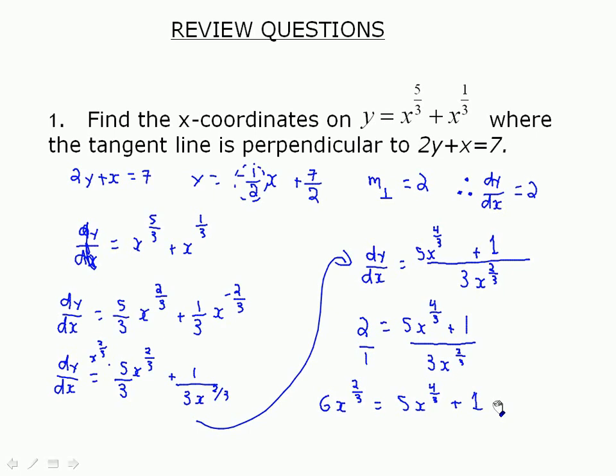And then I'm going to bring everything over to one side, the right side. So 0 is equal to 5x to the 4/3 minus 6x to the 2/3 plus 1. What makes this question difficult, and one that you might struggle with if you just came across it in your travels, is that this is actually a quadratic form.